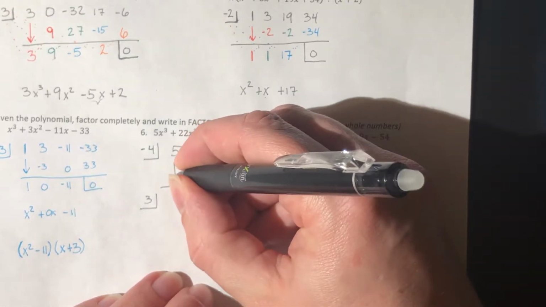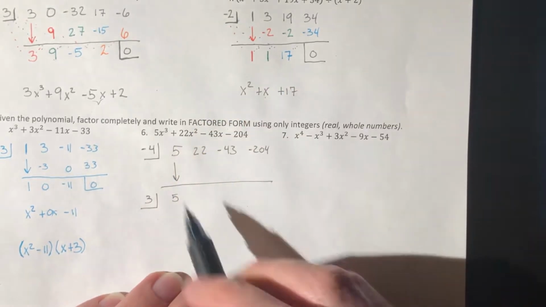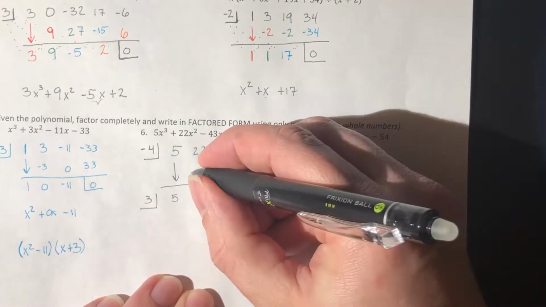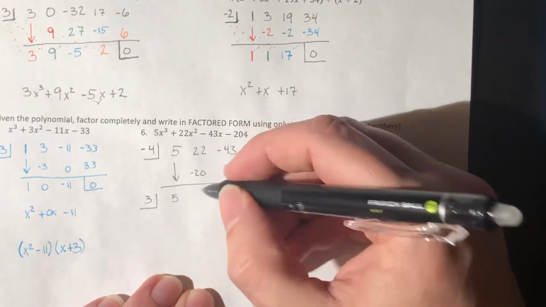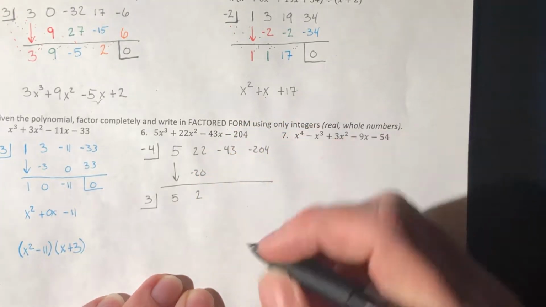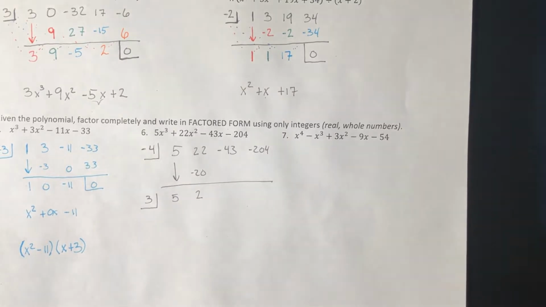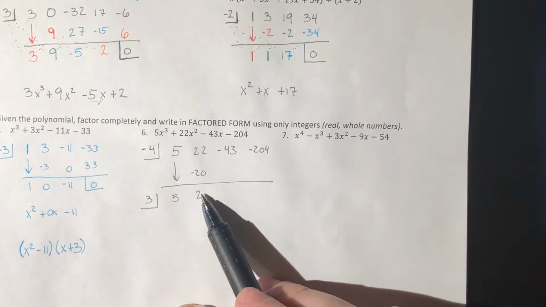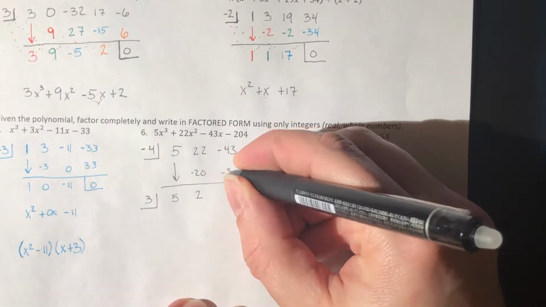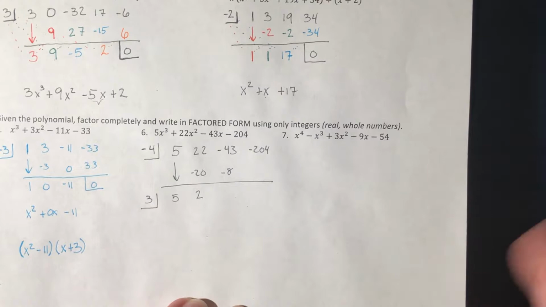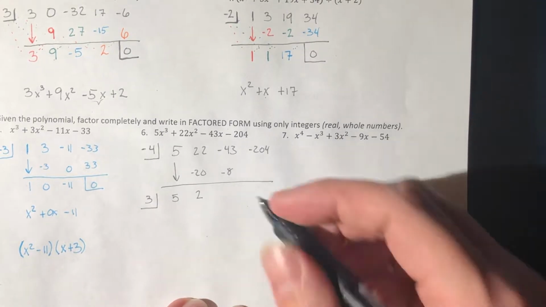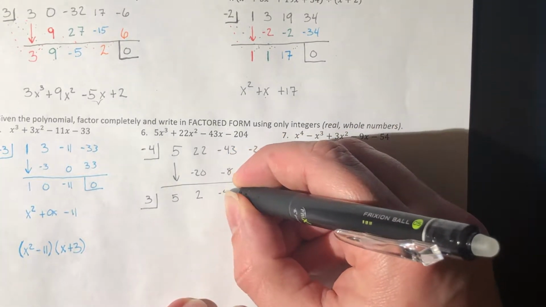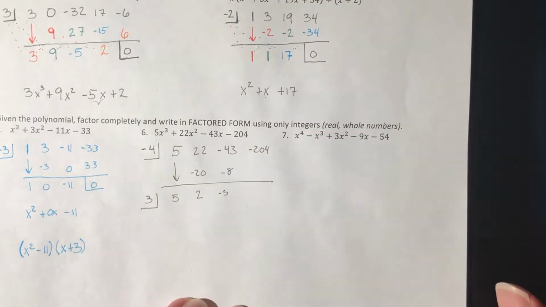So the 5 goes right down. I do -4 times 5 is -20. 22 minus 20 is 2. -4 times 2 is -8. -43 minus 8 is going to be negative, what's that, -51.